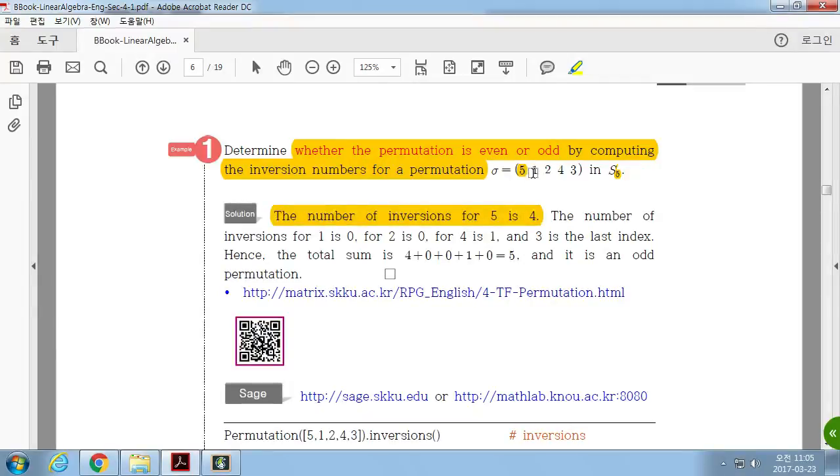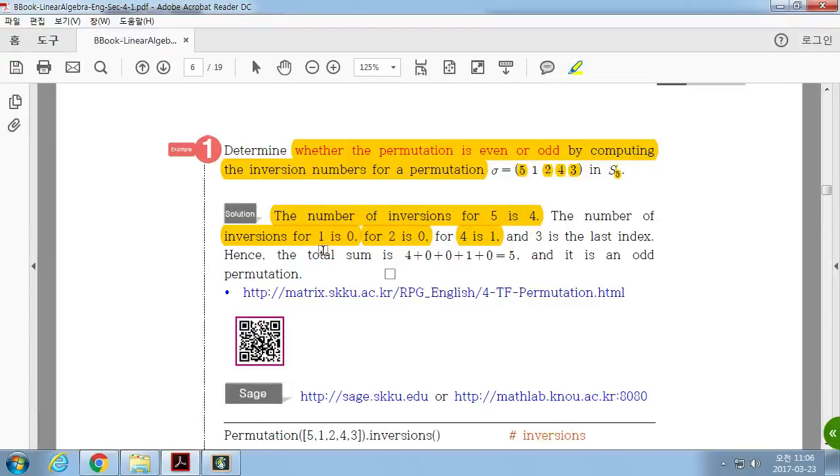What about 1? There's no smaller number on the right of 1. So the inversion number for 1 is 0. What about 2? There's no smaller number on the right of 2. So the inversion number for 2 is 0. 4 has 1 smaller number, 3, on the right. So the inversion number for 4 is 1. For 3, there's no smaller number on the right. So the inversion number for 3 is 0.